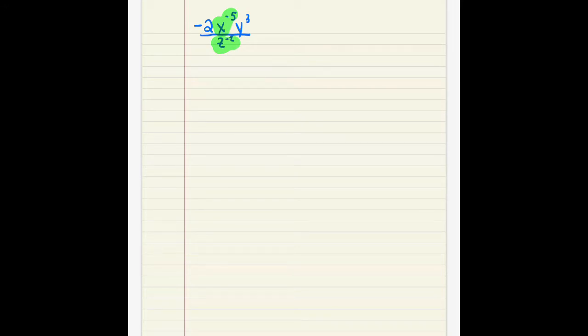So we are going to start rewriting this problem. First, we're going to keep the -2 where it is. We are also going to keep y to the 3rd where it is. I'm going to draw the fraction bar. Now, x to the -5th actually needs to go to the bottom of the fraction so that it becomes a positive exponent.